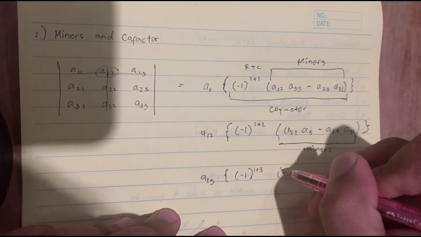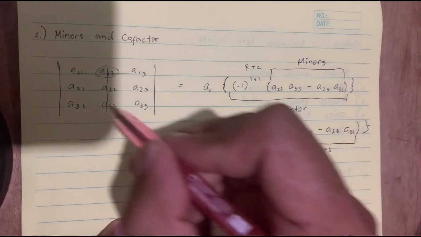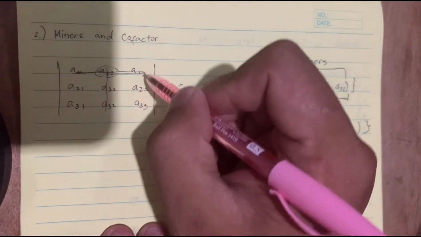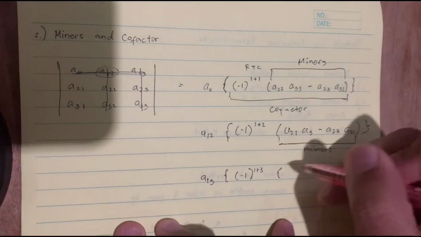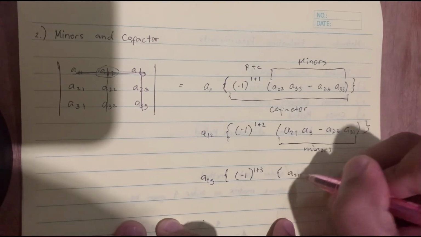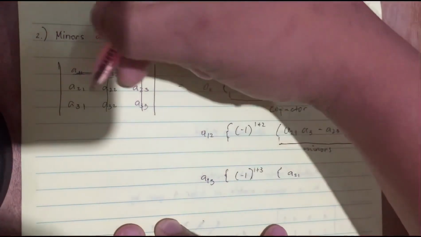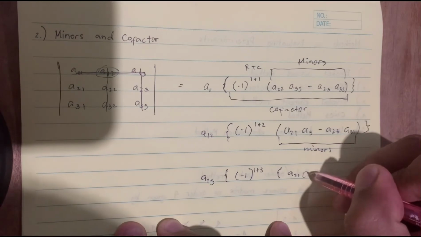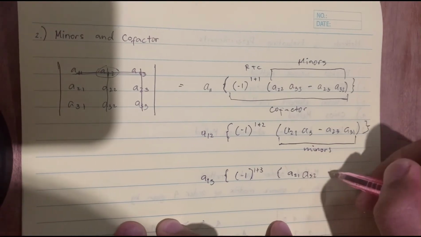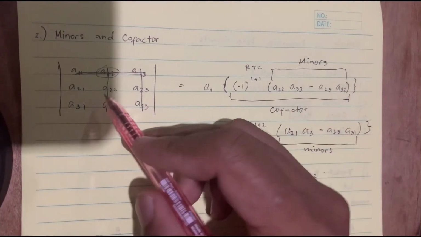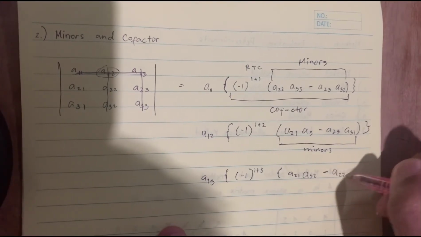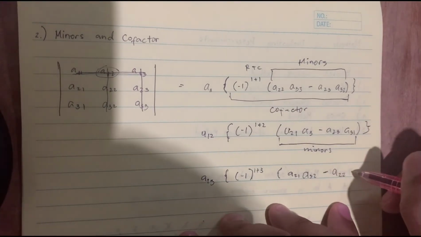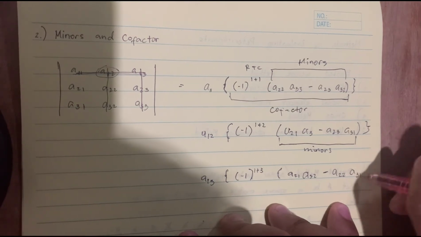Ang minor niya ay itong natira na to, A21, A32 minus A22, A31.